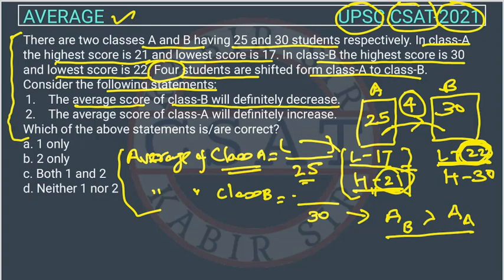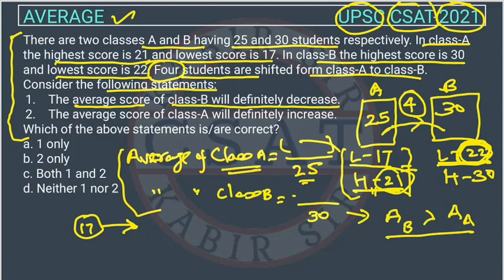But now what is happening? The 4 students are getting shifted from A to B. Assume the students who got shifted from class A to class B have the minimum marks, 17, right?